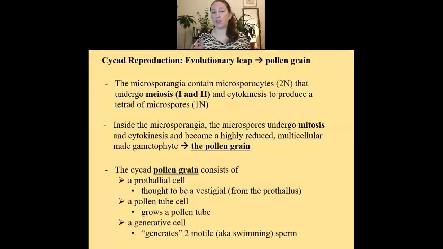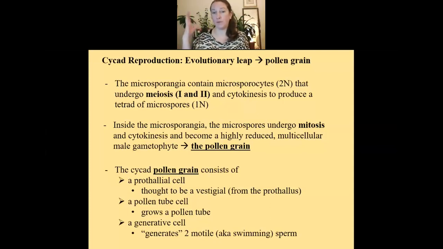We're not really sure. But there is a cell there that we call the prothallal cell, but we don't really know what its function is. The pollen tube cell, as the name suggests, grows a pollen tube, which we'll talk about. And the generative cell is what generates the sperm.